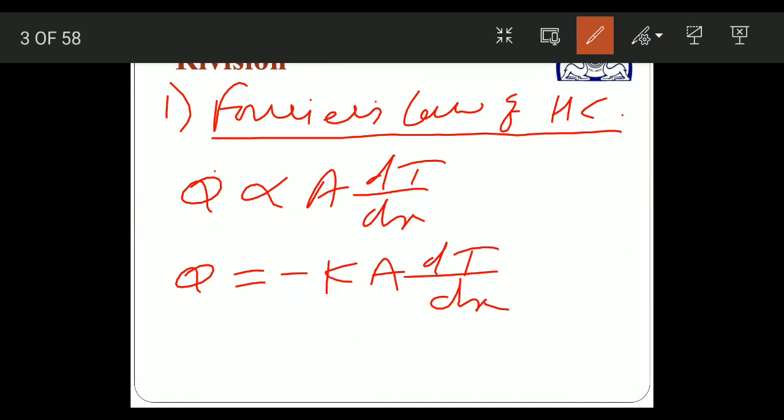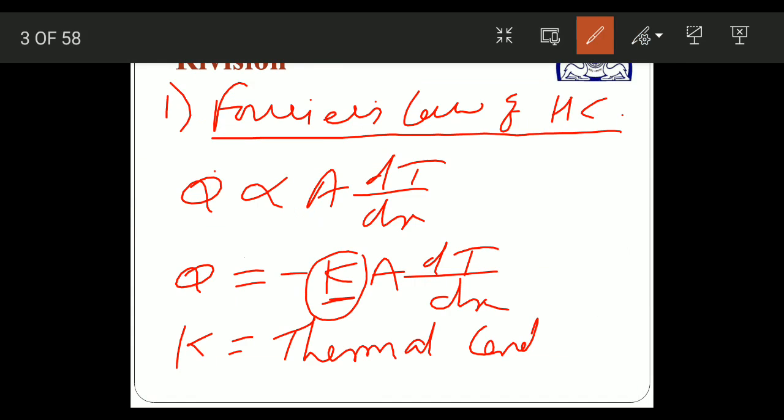We have seen in detail why the negative sign is taken, and we have already discussed what this k is. K is nothing but the thermal conductivity. Today we have to see in detail what this thermal conductivity is, what its unit is, and what the different variations of thermal conductivity with temperature and pressure are.